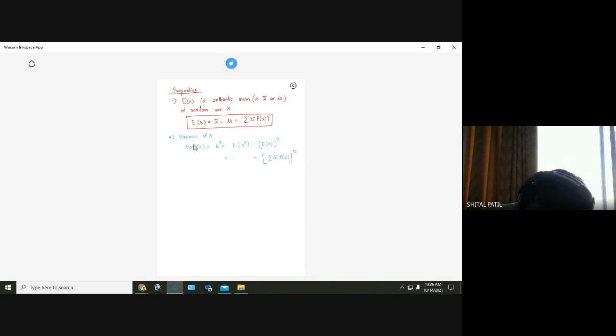It is like this: summation of xi square p of xi, or you can just write p of i, that is also sufficient. Hope all these things are clear.